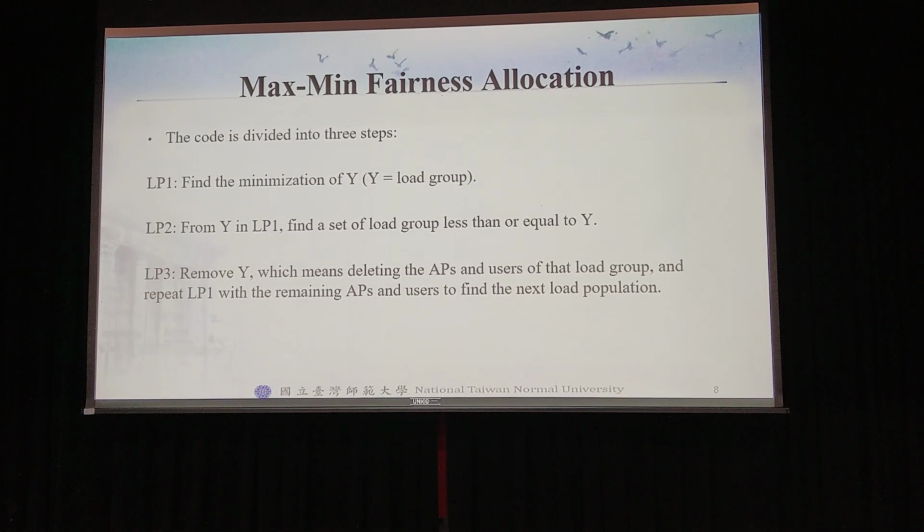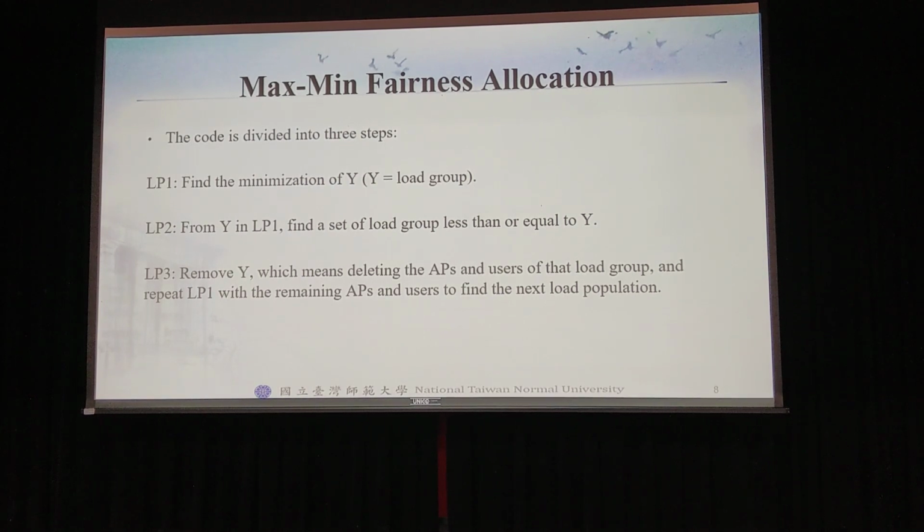The algorithm is divided into 3 steps. First, use LP1 to find a load group Y, and then use Y from LP1 to find the load, AP and user. Third is to remove that load group. It means removing all the users and APs in that load group to find a new load group.